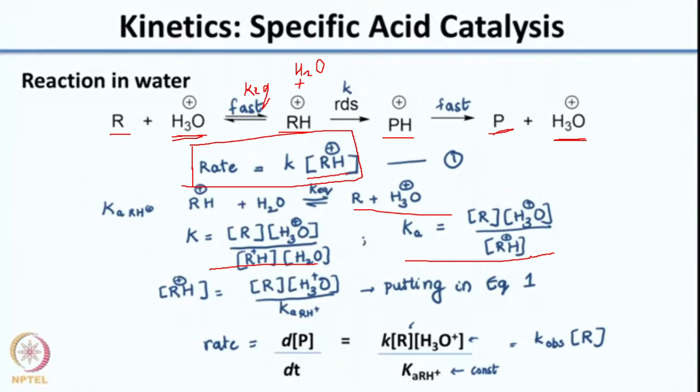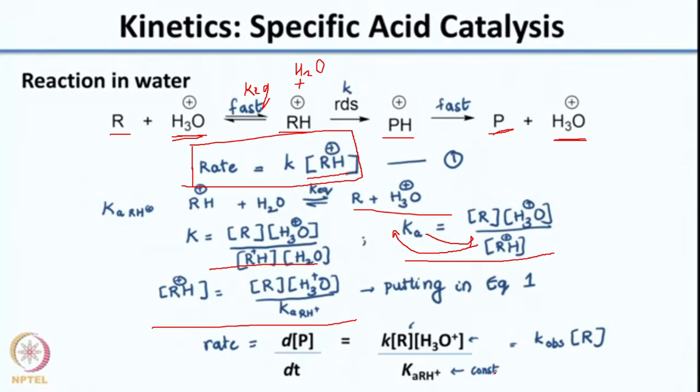Now, writing the RH value here, it will go this side and K will come on the denominator side. So the equation will become this way, right? While we are substituting this equation in our rate equation, we will observe the rate equals K RH H3O plus divided by Ka RH plus, which is the rate constant.